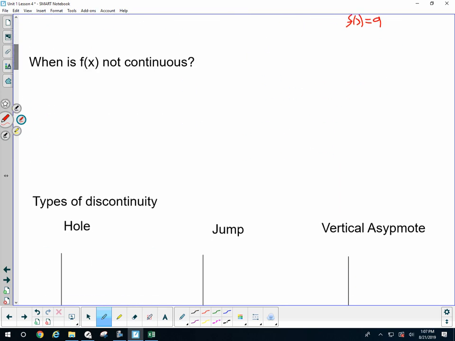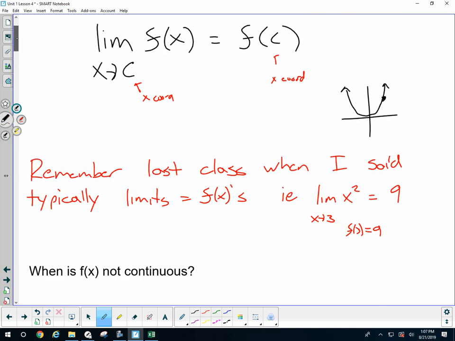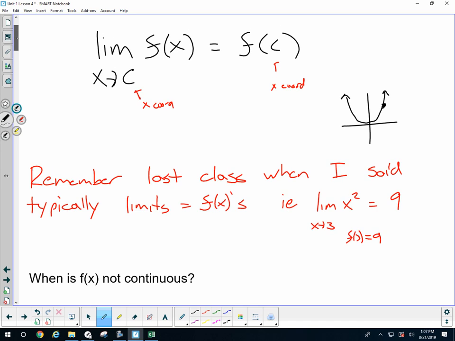Okay, now what makes a function not continuous? Well, if this means we're continuous, what would make this not be true?